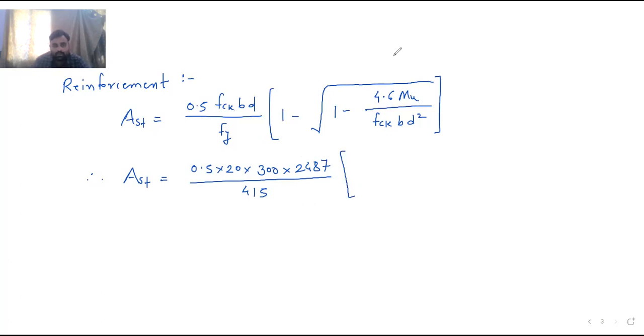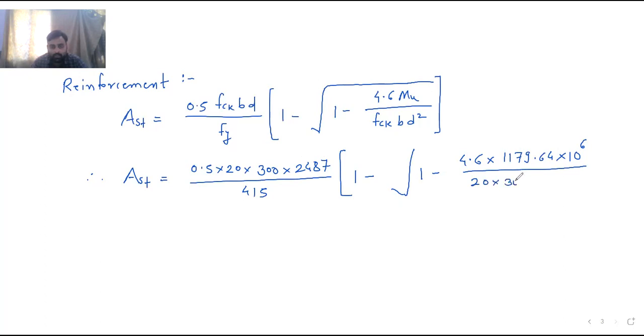Here in the bracket, 1 minus square root of 1 minus 4.6 into 1179.64 into 10 to the power 6 divided by fck b d square.